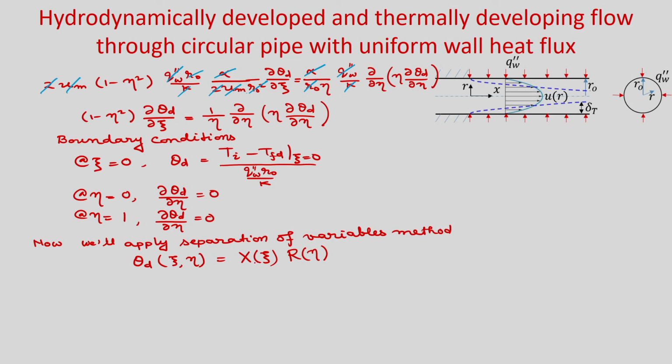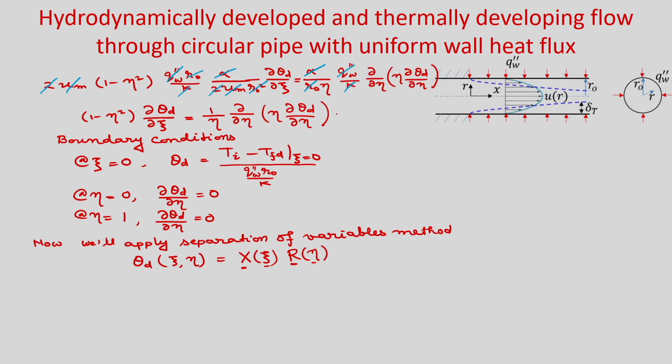So, you can see we are writing the product of two solutions x and r, where x is a function of zeta only and r is a function of eta only. So, when can you use the separation of variables method? If the governing equation is linear and homogeneous, okay, and in one direction you have two homogeneous boundary conditions, then you can use the separation of variables method.